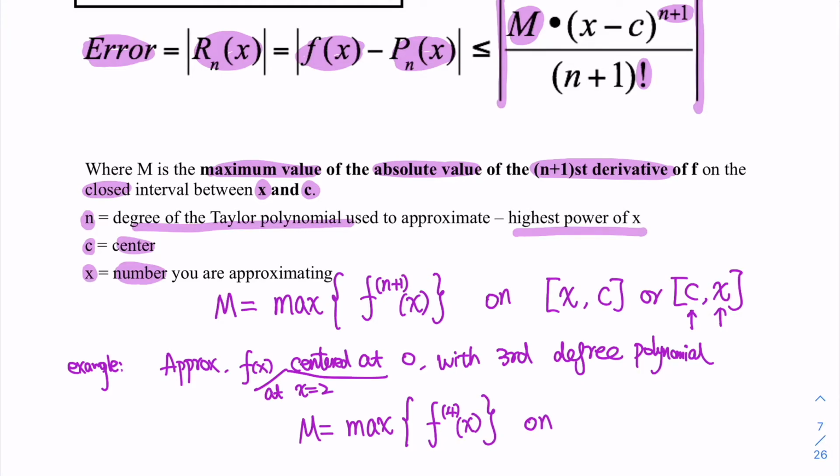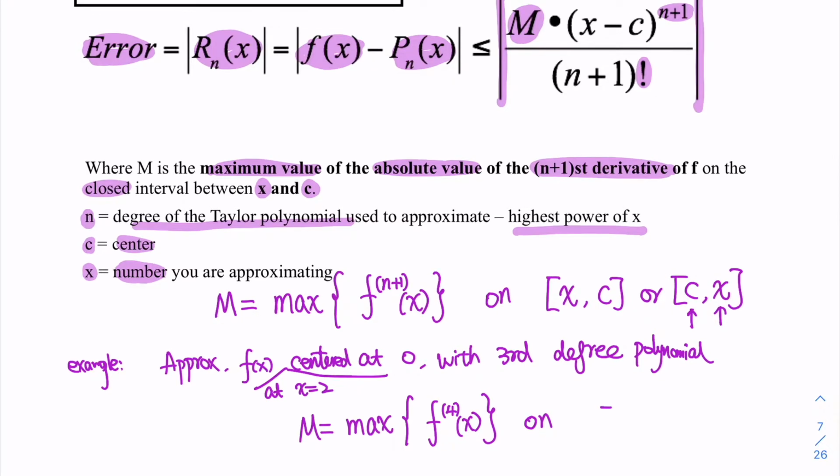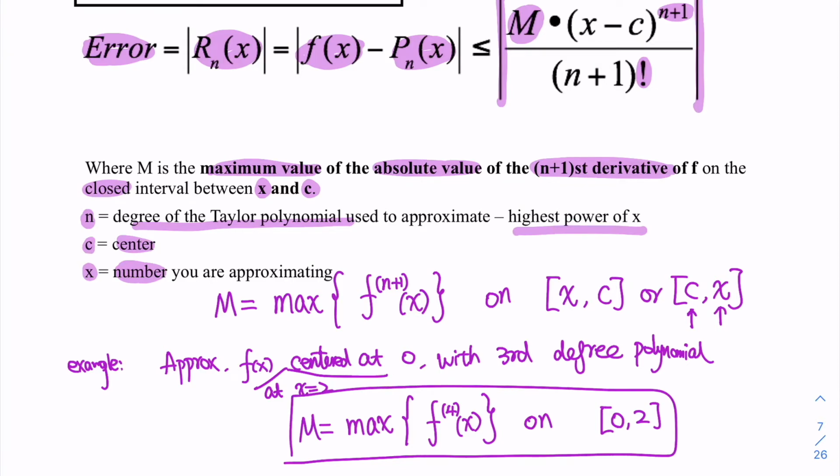Because our center is 0, and we are trying to approximate 2, between 0 and 2, we are trying to find the maximum value. This will give us the M.